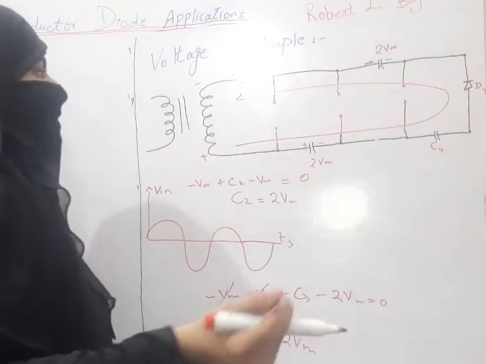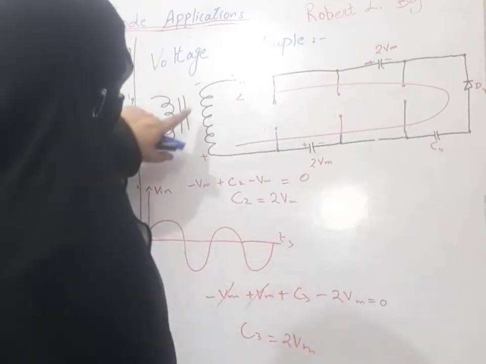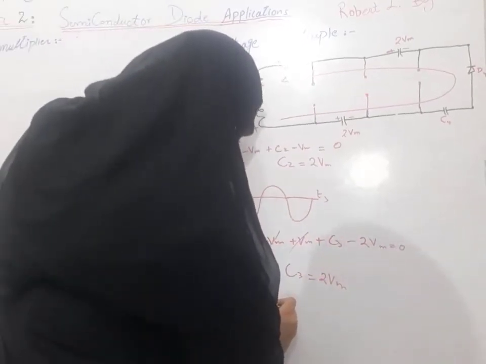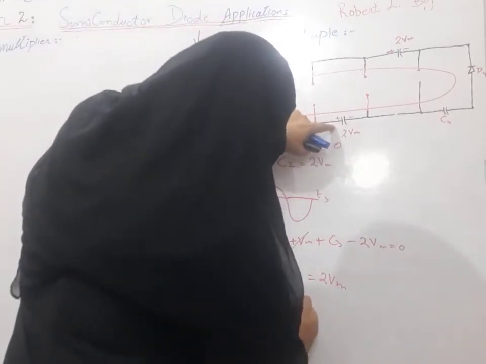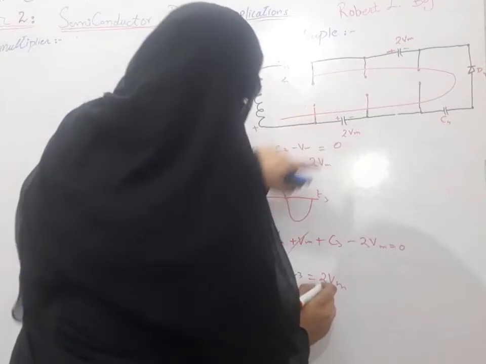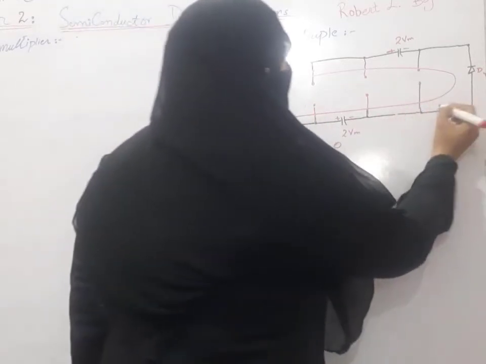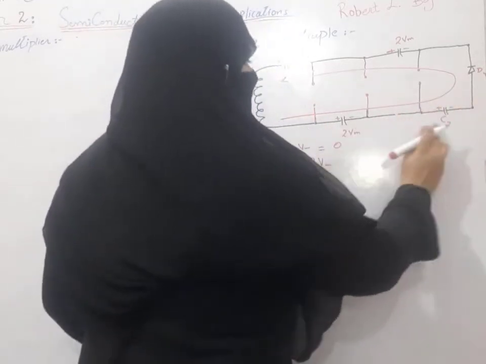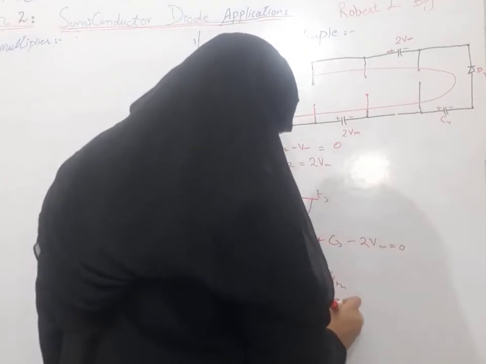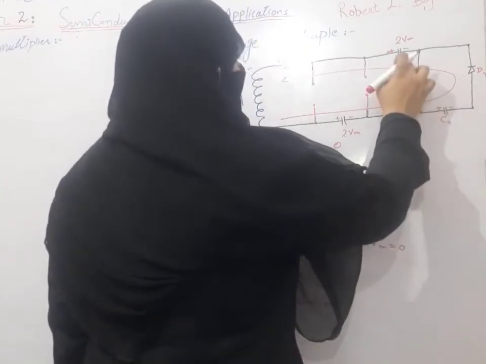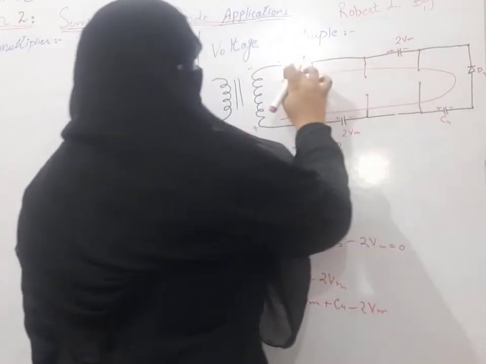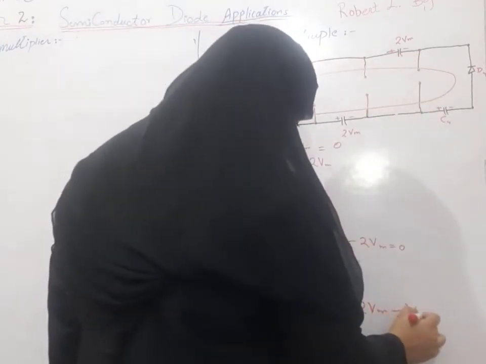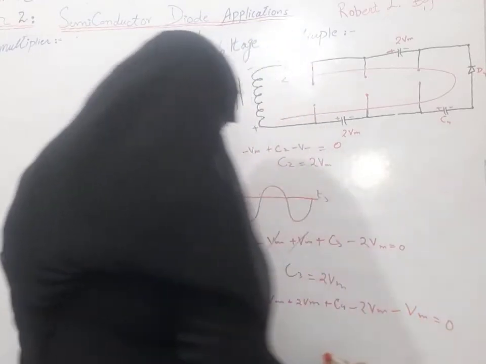Now again applying the KVL equation, we will have minus Vm plus 2Vm, plus C4 minus 2Vm minus Vm is equal to 0.